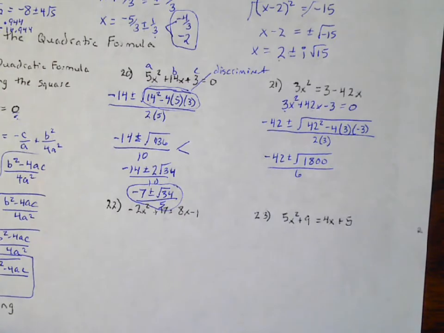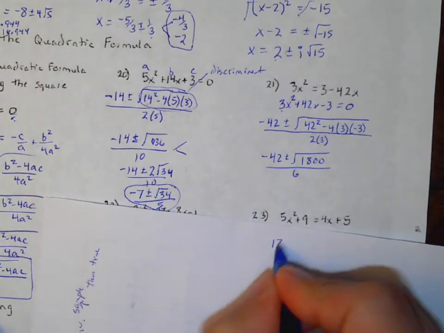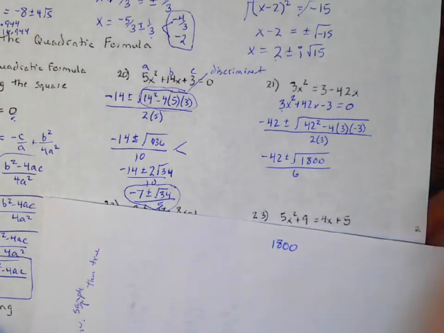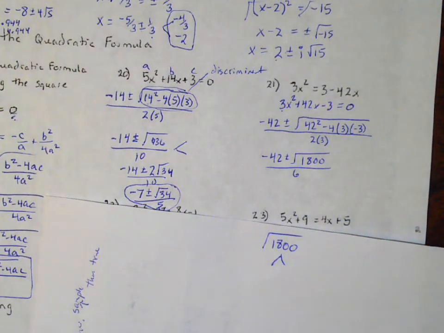And 1800, okay, square root of 1800 here. Let's see. Not divisible by 81.